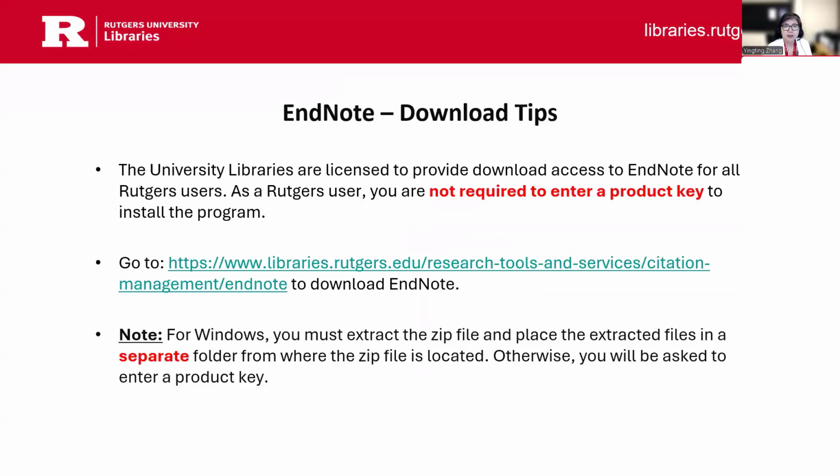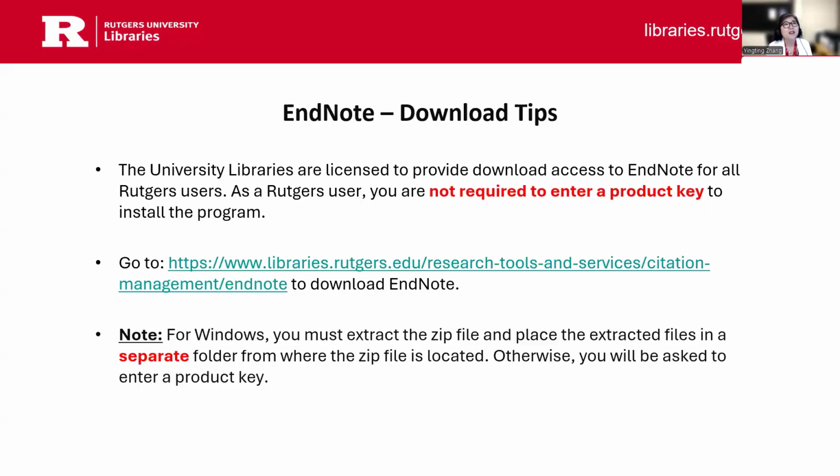When you download EndNote from that website, if you are a Windows user and you are asked to enter a product key, that means you're not doing something correctly. You need to download the zip file, then extract it and put the extracted files in a separate folder, not in the default download folder.